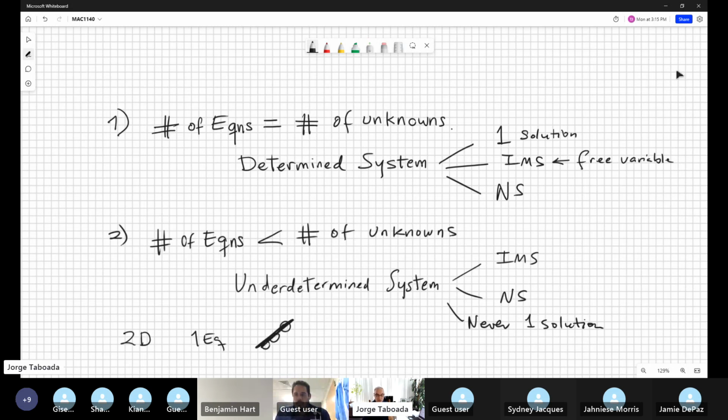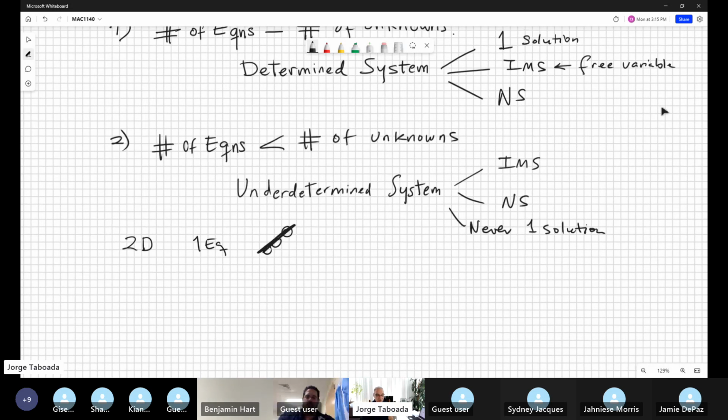More clearly, in three dimensions, you have, for example, two equations. Two equations represent two planes, and two planes touch each other in one line. So we have infinitely many solutions and one free variable. But never do we have one solution. So we can erase this because it never happens.